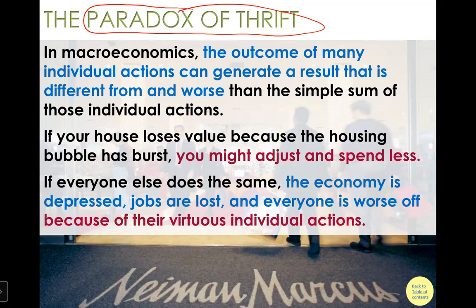Somebody who loses potential income will cut consumption, and that is going to lead a third person to lose potential income. So you can see there's a chain impact. From an individual point of view, it is rational for me to cut my spending. But at the aggregate or macro level, we are going to see a cascading impact, and that is going to reduce the aggregate economy.